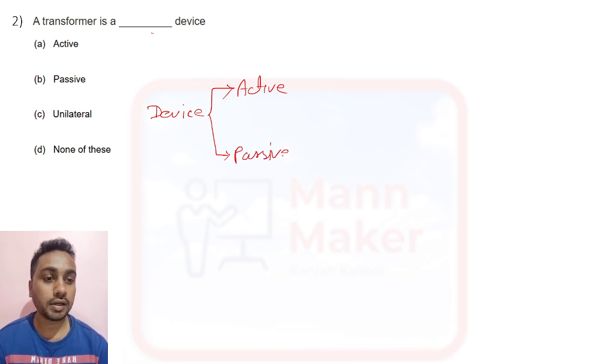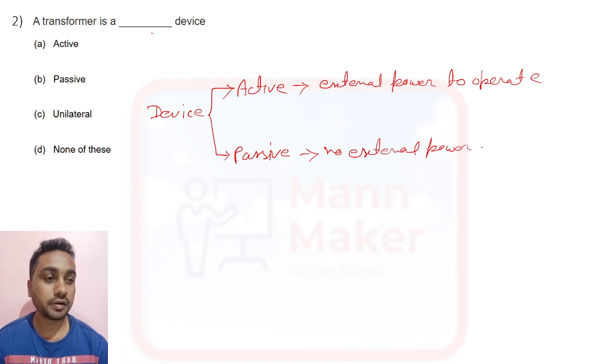Active device means one which requires external power to operate. And in a passive device, no external power is required to operate.